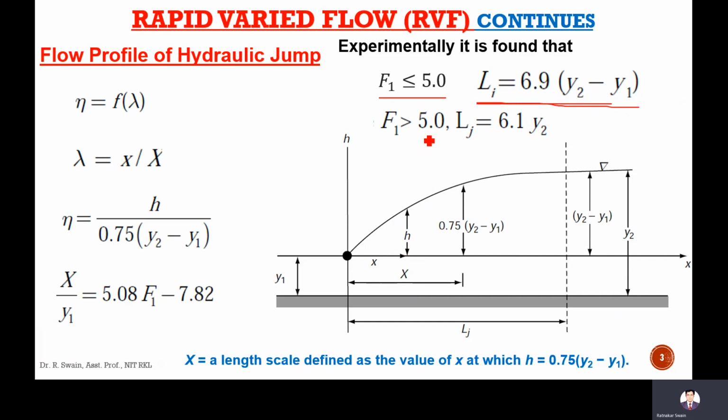When F1 is more than 5, the length is calculated as 6.1 times y2. These equations were developed after conducting many experiments.